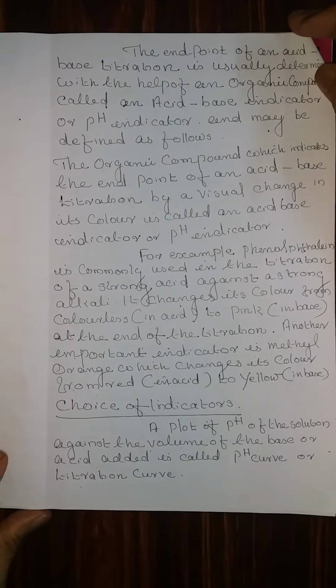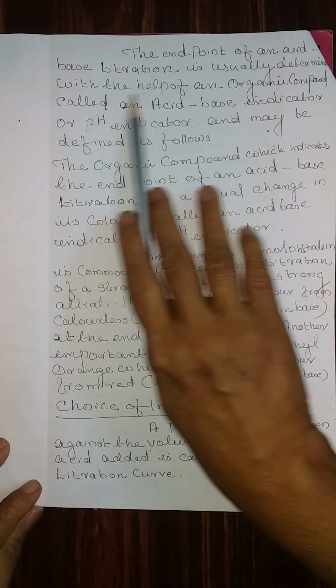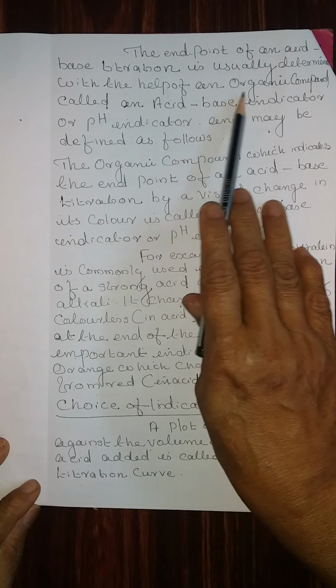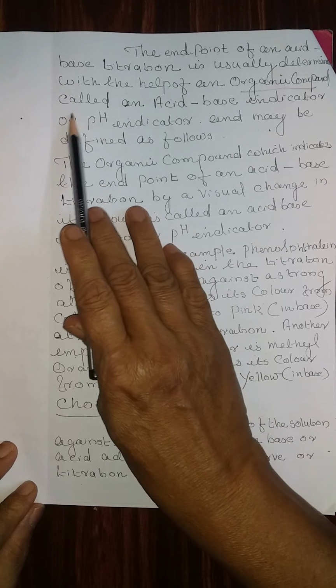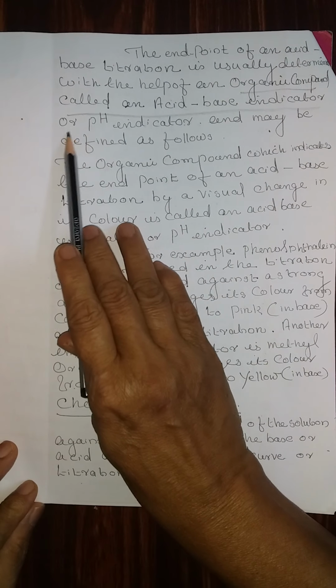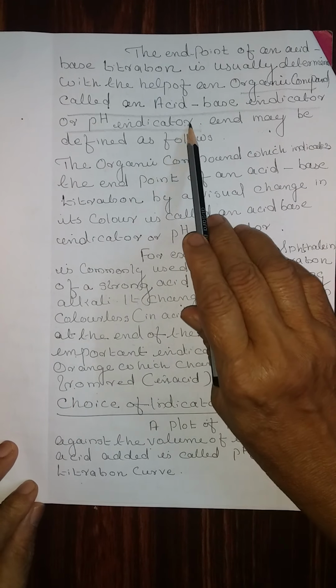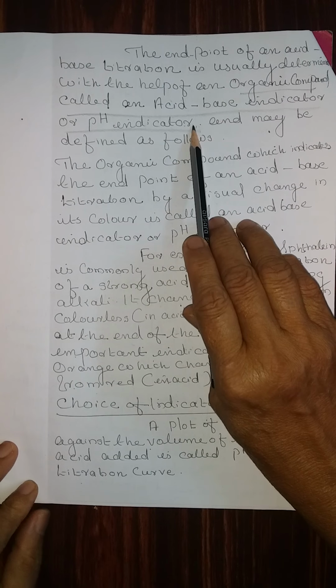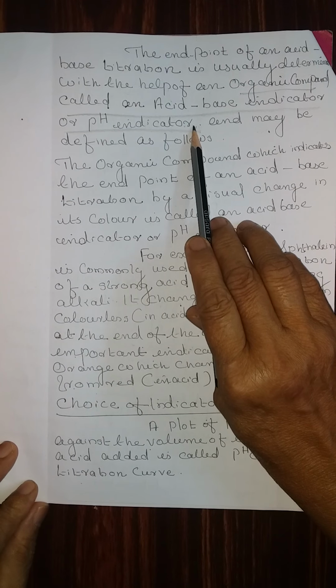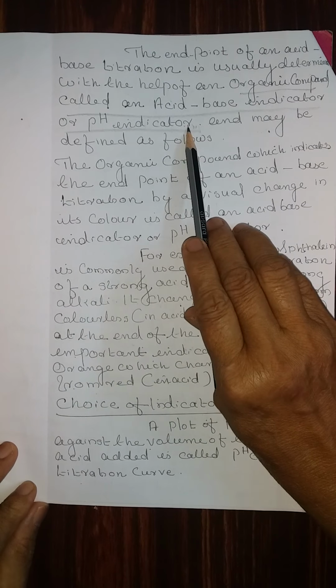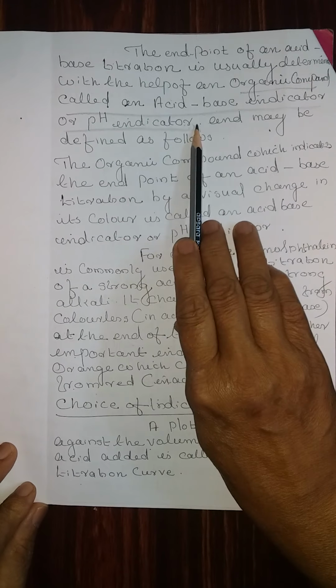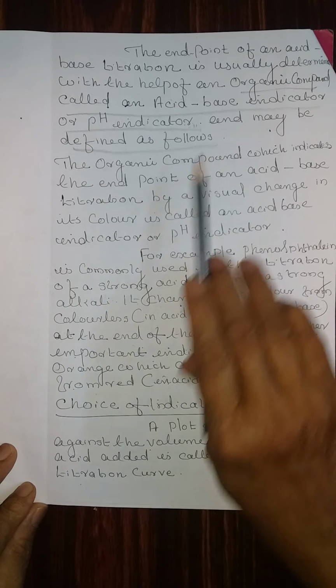The endpoint of an acid base titration is usually determined with the help of an organic compound called acid base indicator or pH indicator. The phenolphthalein that we added, which is colorless in acid and changes into pink color, is called the pH indicator and may be defined as follows.